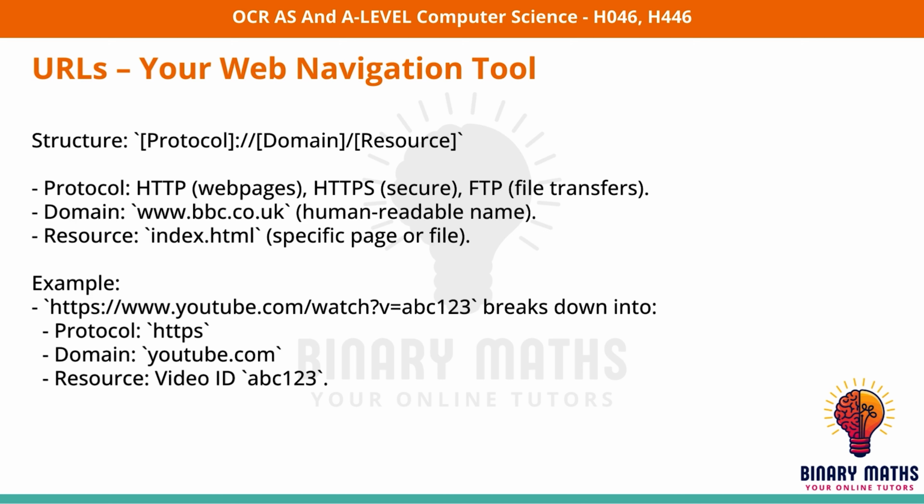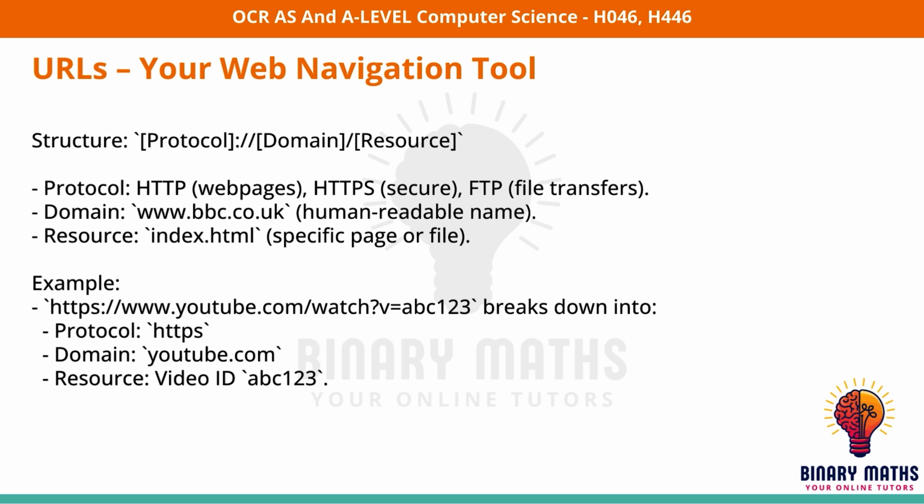Now let's break down a URL. Take https://www.bbc.co.uk/news. The protocol https with the 2 forward slashes is the language your browser uses. HTTP is standard, but HTTPS adds a padlock encryption to keep your data safe.